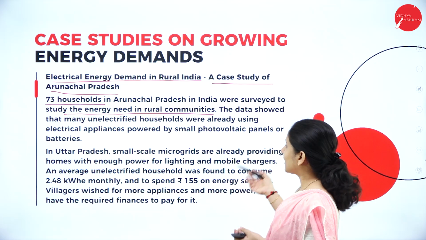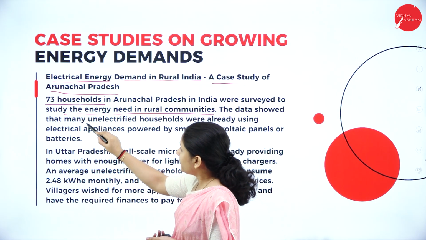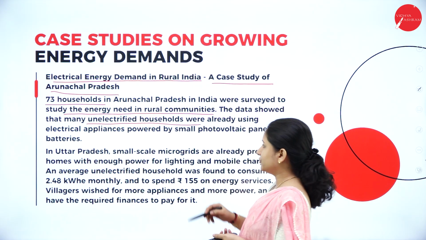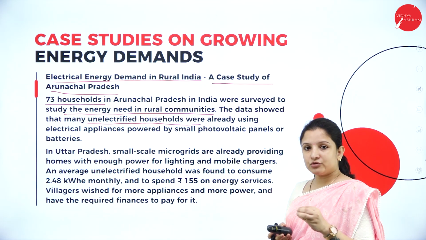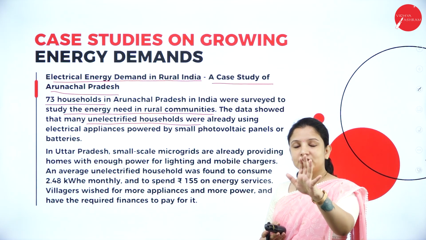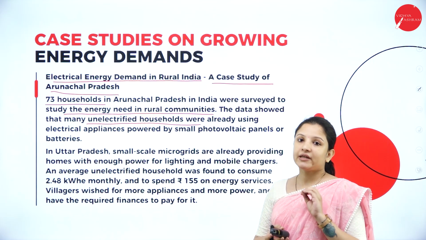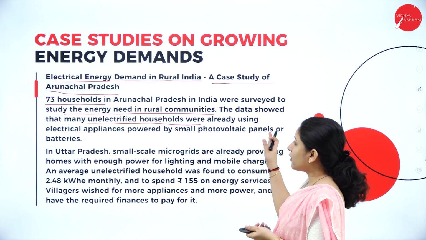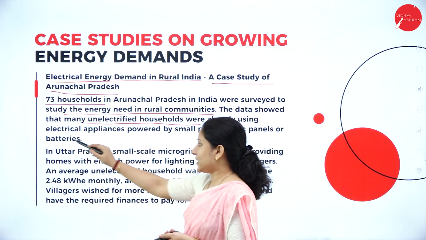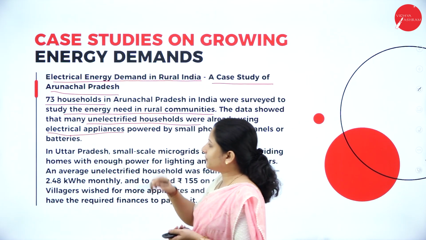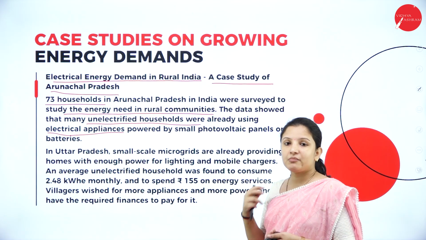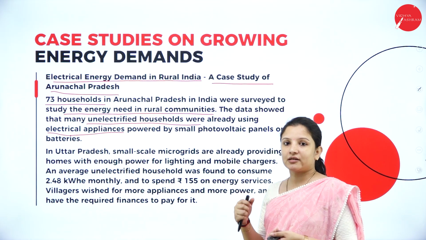The data that they collected showed that there were many unelectrified households. Means there were many houses to which electricity was not provided, but in spite of not having electricity, they were already using some electrical appliances. See how much demand for electrical appliances there is.